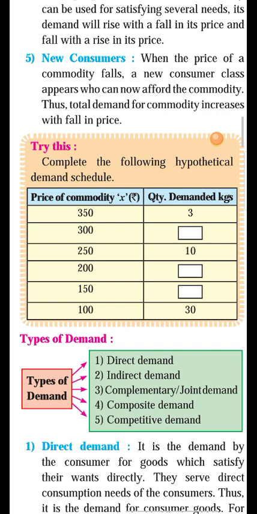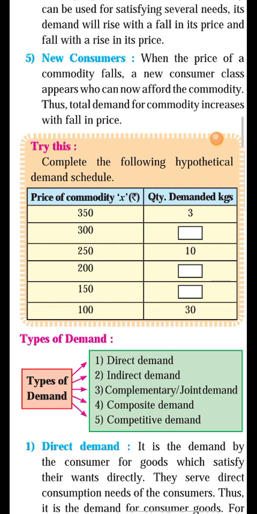So at the 350 price, demand is 3 kg of commodity. What about the demand at 300 rupees? It may be 7. After 3 there is a 7, because we have to show that when price decreases, demand increases, from 3 kg to 7 kg. So in the first box you can write 7.